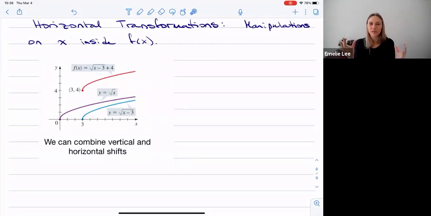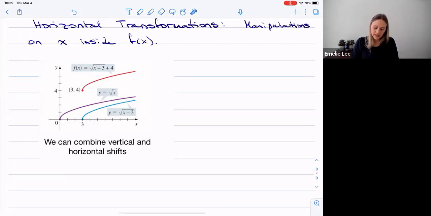I'm going to refer to that little blue box of functions that we introduced as our core functions. We start with a core function, and that's why it's so important to know what the root of x looks like. The root of x starts at 0, 0, and then it's got this kind of upward bow thing going on.